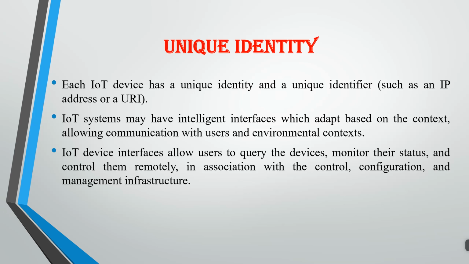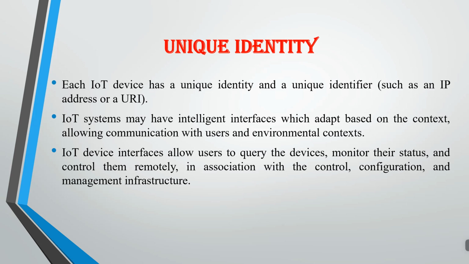So IoT systems may have intelligent interfaces which adapt based on the context, allowing communication with the users and environmental contexts. So they have intelligent interfaces. As I already told, it's not a door lock which is automatic. It is an interface connected to the door lock with the help of application software, which could remotely handle the door lock.